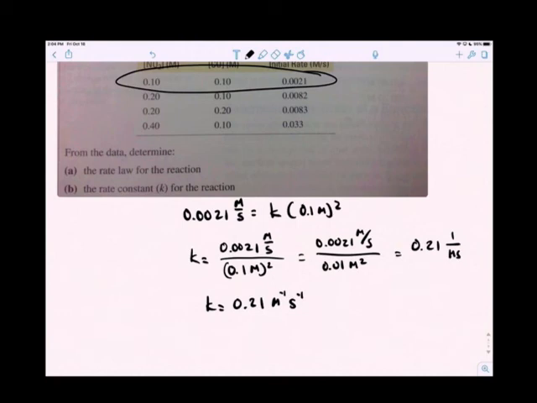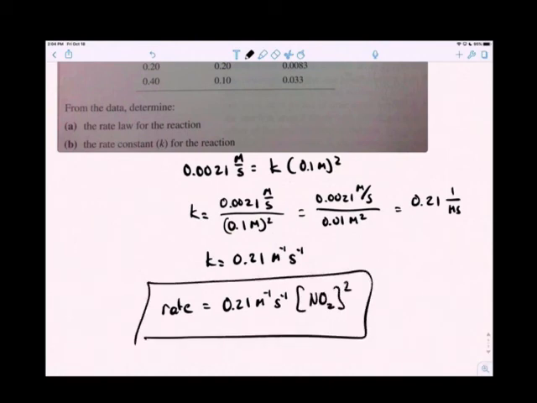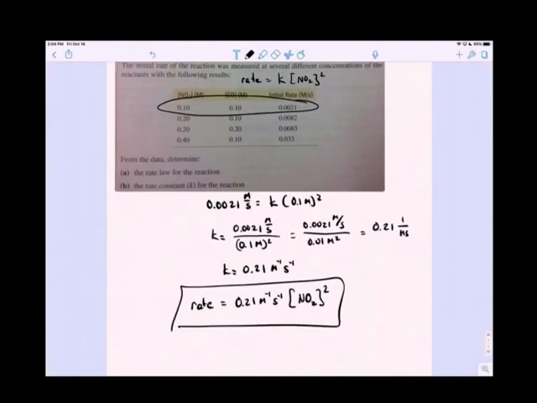It's one of the strange things we do. Okay, so this means that the whole rate law, if we want to write everything out, is equal to 0.21 molar minus 1 second minus 1 times the concentration of NO2 squared. So here is our big ending.